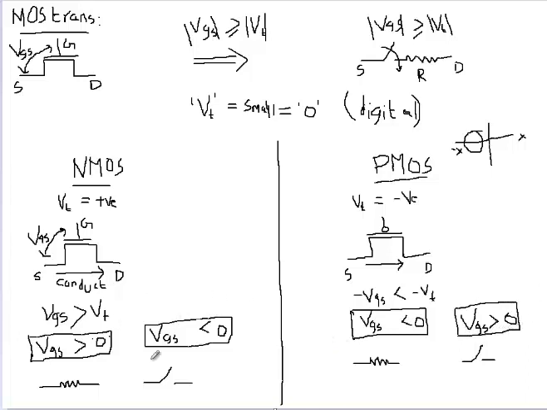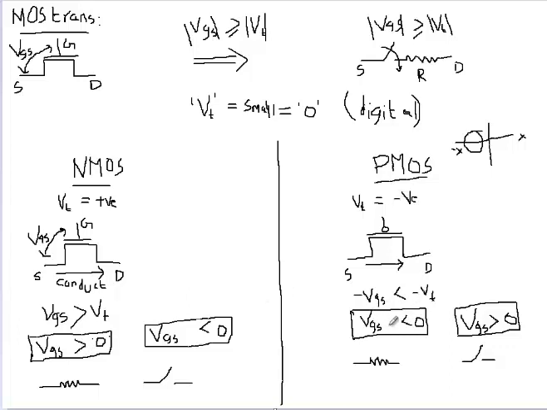These are the two conditions that we will always be using in our further videos. You just have to remember that VT is positive for an NMOS and the gate to source voltage should be greater than 0 for an NMOS to work. Basically in the digital world it should be logic 1.